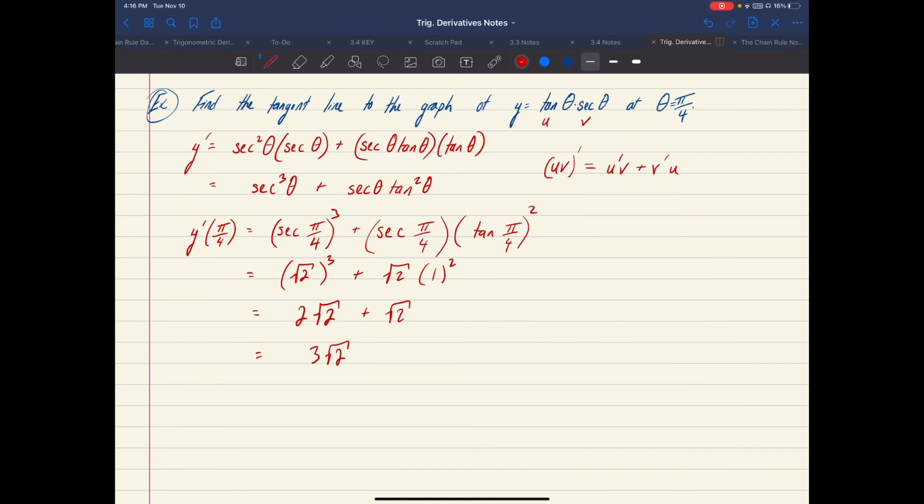If you remember, I like to write these in point-slope form. And so this is our m value. Okay, so what's our point? Well, our x value is pi over 4. And then to find our y value, we're going to say y, not y prime, just y of pi over 4.